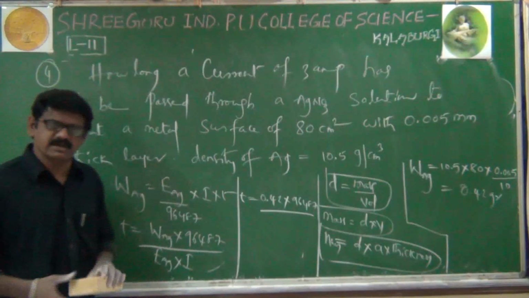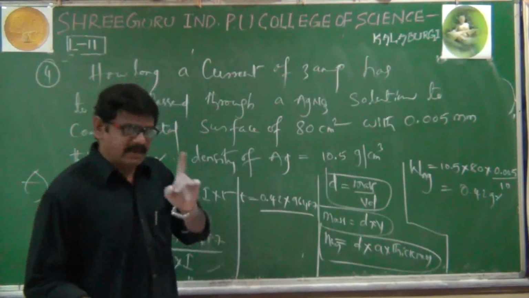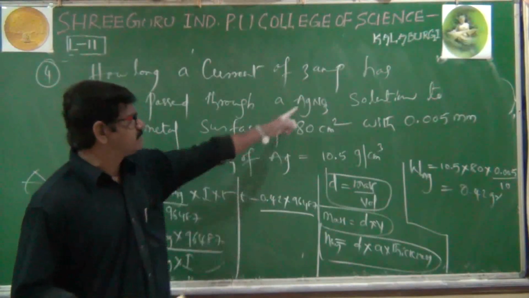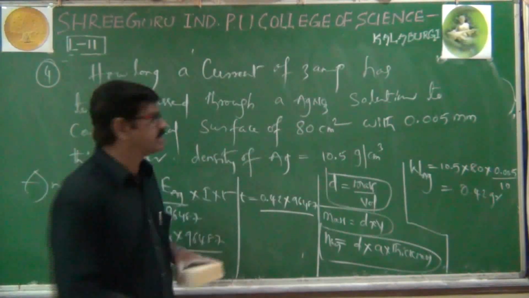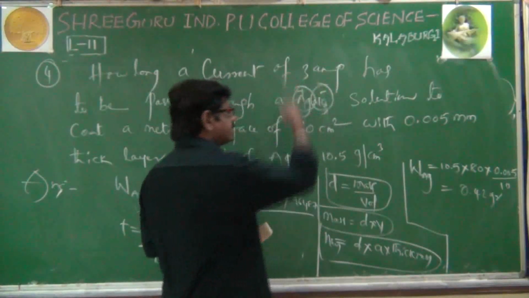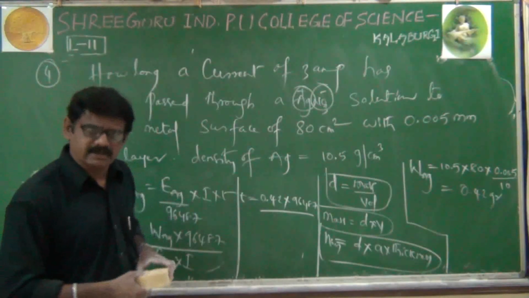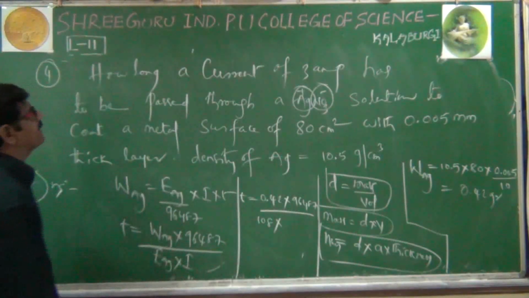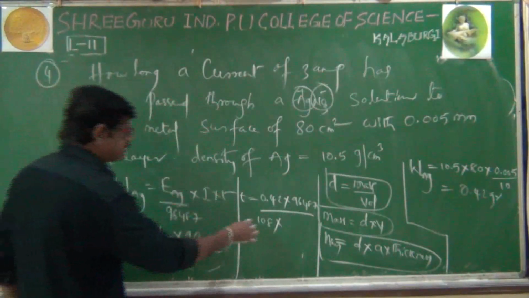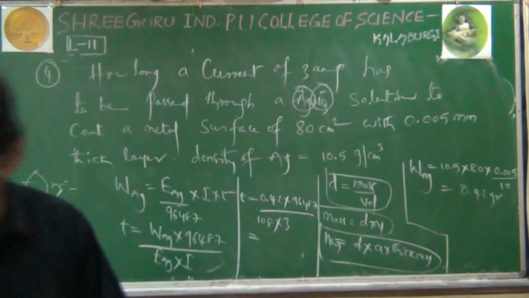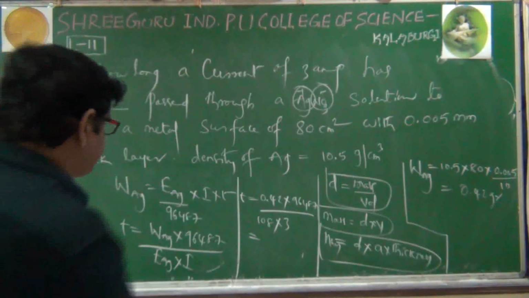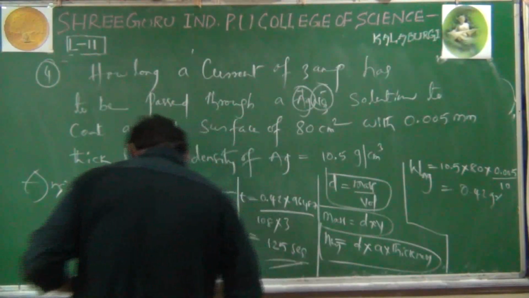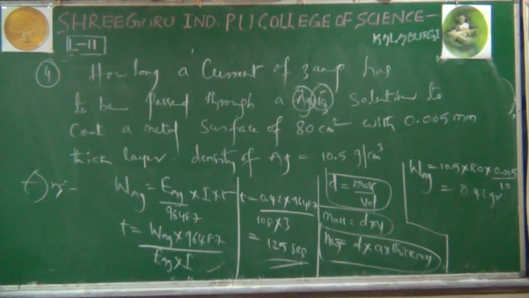How will you get the equivalent mass of silver? Atomic mass of silver divided by valency. Atomic mass of silver is 108. What is the valence of silver in silver nitrate? Silver valence is 1 because it splits as Ag plus and NO3 minus. Silver valence is 1. 108 by 1 is nothing but 108, into current in amperes. Current in amperes is already given in the question, that is 3. Again, if you simplify the value, you will get 125 seconds. That is our final answer.